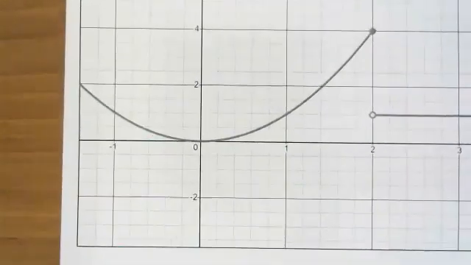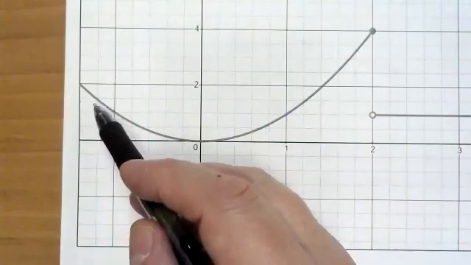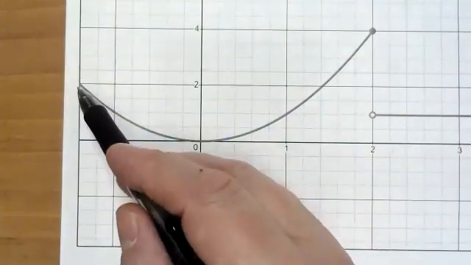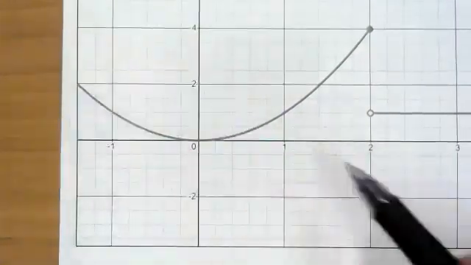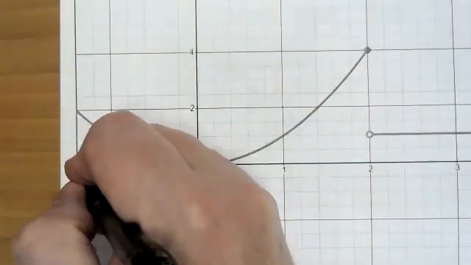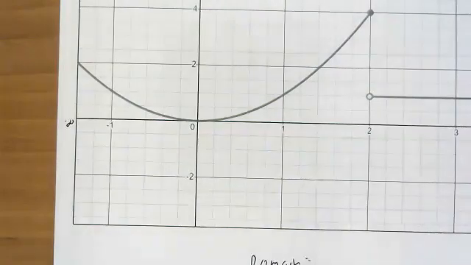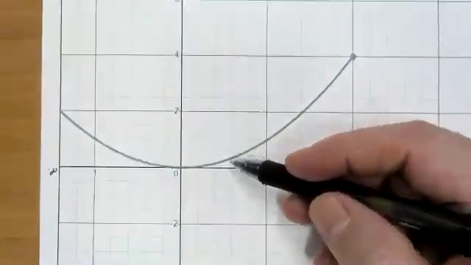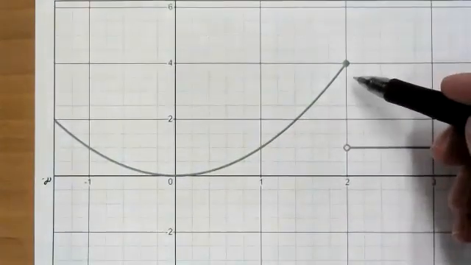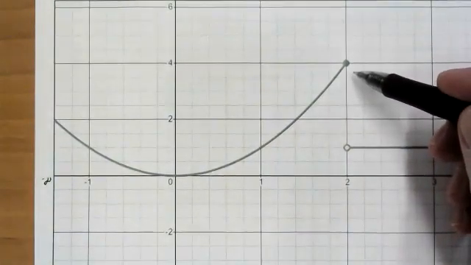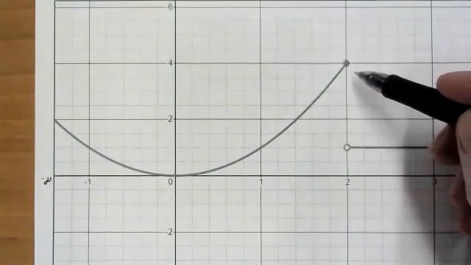Let's think about domain. If we start at the lowest value, how far to the left does this graph go? Well, obviously this goes on probably forever. So you start with negative infinity, and then you come back. What's the largest value for x, the right side of the graph?